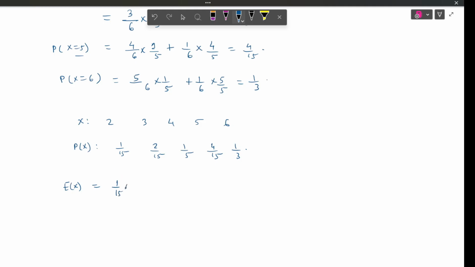So 1 by 15 multiplied by 2, plus 2 by 15 multiplied by 3, 1 by 5 multiplied by 4, 4 by 15 multiplied by 5, and 1 by 3 multiplied by 6. So you will get 14 by 3.